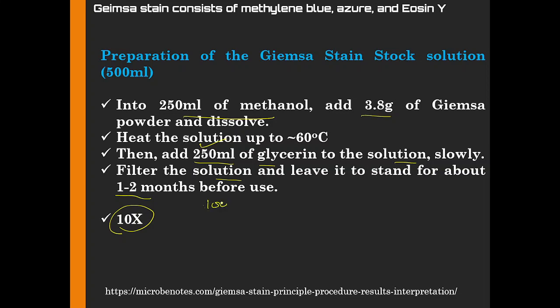For example, if someone wants to make 100 ml of a Giemsa working solution, then from this 10x stock they can take 10 ml of the stain which has already been prepared, add 80 ml of water, and for the remaining 10 ml one can add methanol. This will make a working solution of Giemsa stain.